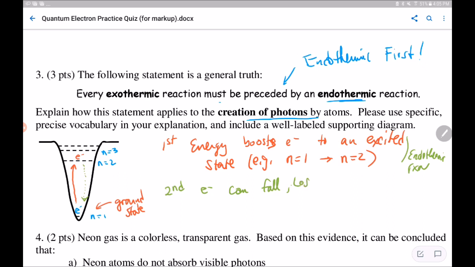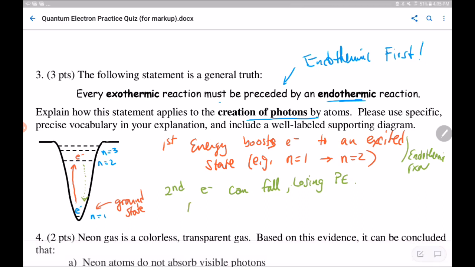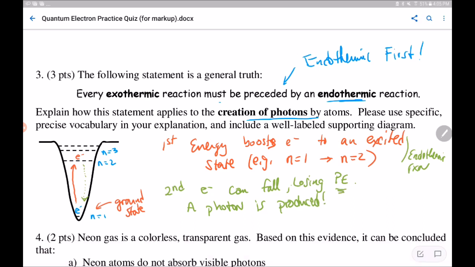That means it's losing PE, losing potential energy. A photon is produced at that time. So it needed the potential energy in order to produce a photon.